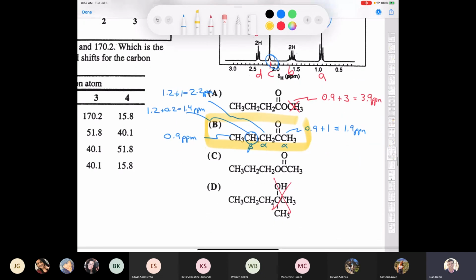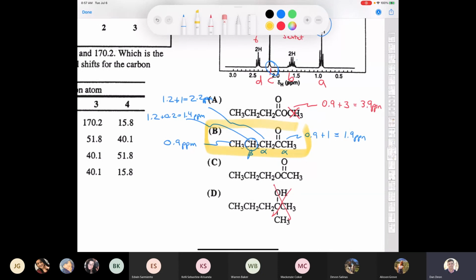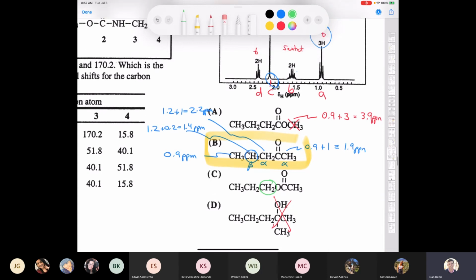Right, if you were to try to do the same thing for this one over here, if you just picked one of the signals, for example, this methylene here, which would give you the triplet that integrates for 2 protons, what would the chemical shift be? It would be 1.2 plus 3 because it's attached to the oxygen of an ester, which gives you 4.2.